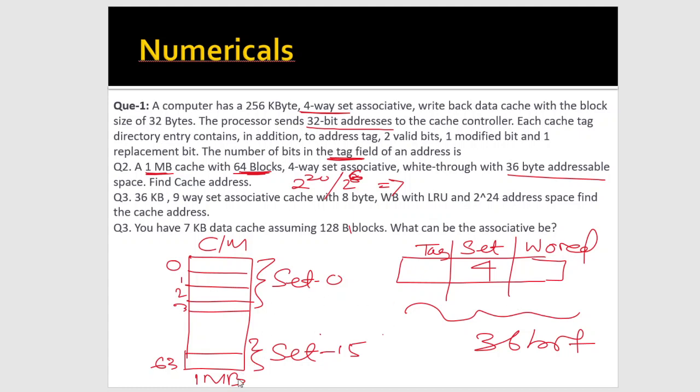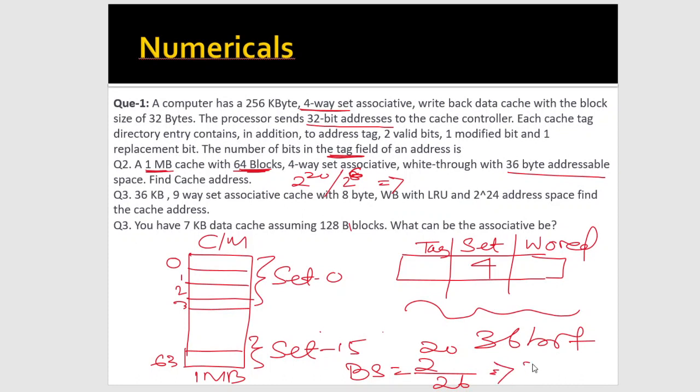How to compute? If I divide the size of the cache by the number of blocks, it will give me the block size. I represent it as BS. Block size is cache size 1 MB, 2 to the 20, by number of blocks 64, 2 to the 6.